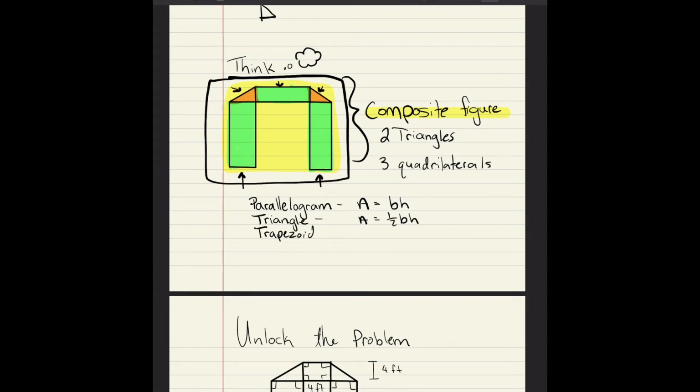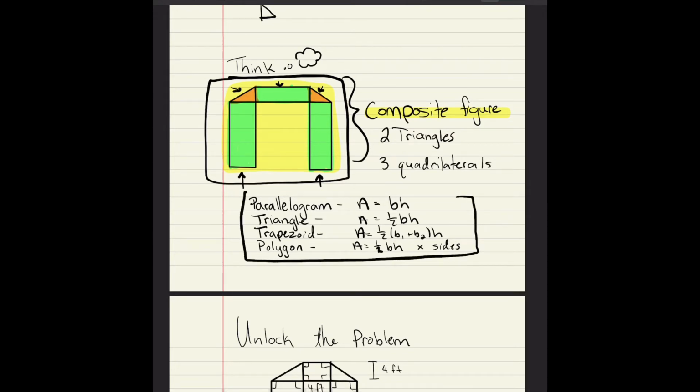Then we go into a trapezoid, which is area equals 1/2 base 1 plus base 2 times height. And then we have a polygon, which I highly doubt you will have a polygon in a composite figure, but it's good to know just in case, right? So we will be using these areas to find the area of a composite figure.